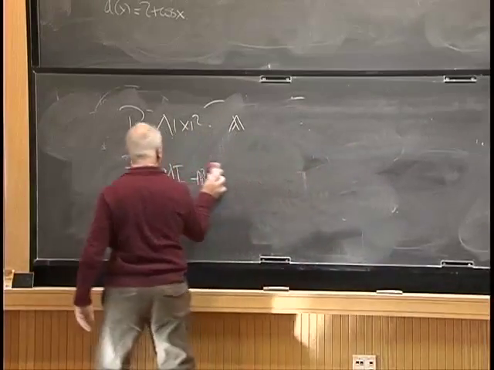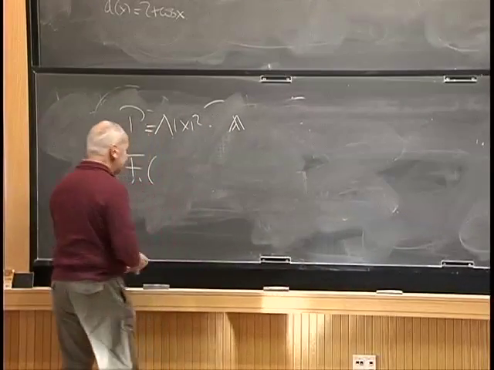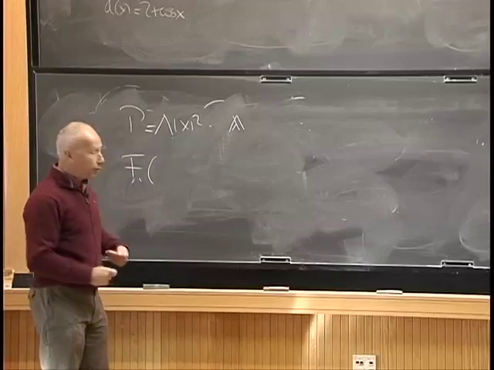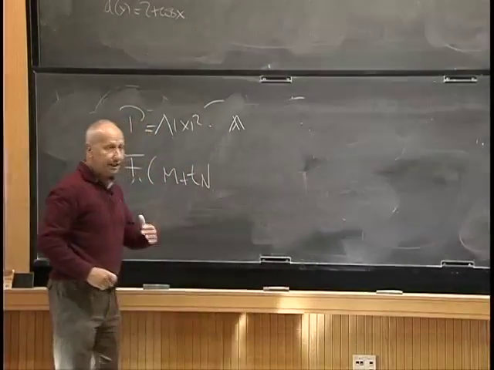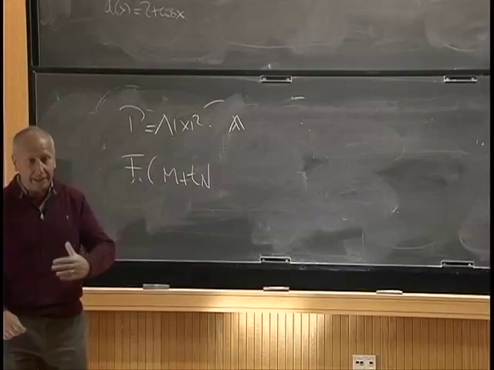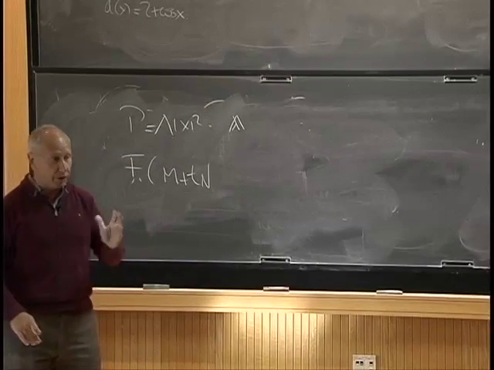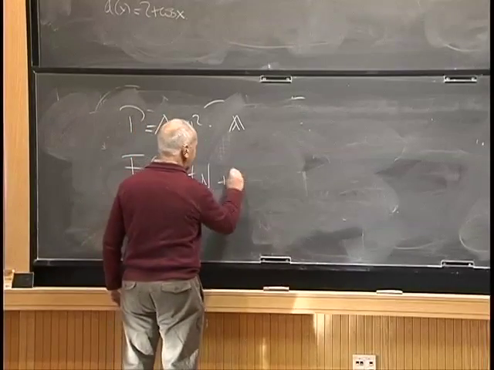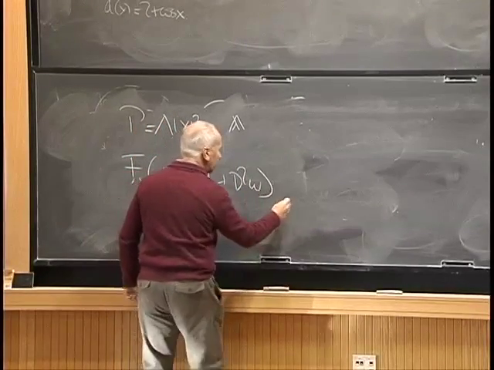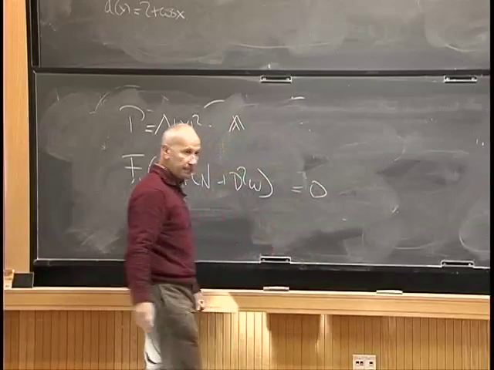Let's say I want to construct a corrector for m plus tn. So let's take n a positive matrix and try to construct a corrector for m plus tn. In other words, a w such that f of m plus tn plus d squared w equals 0.